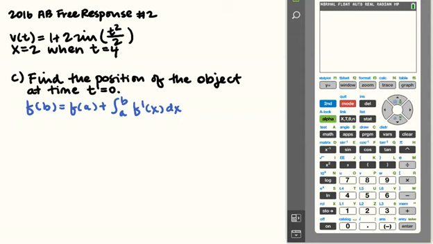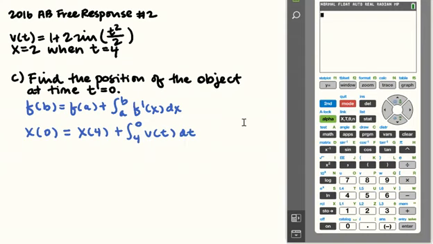So x of 0 is going to be equal to x of 4 plus the integral from 4 to 0 of v of t dt. Even though it's going backwards in time, I don't have to worry about it because the bounds being backwards will take care of that for me.